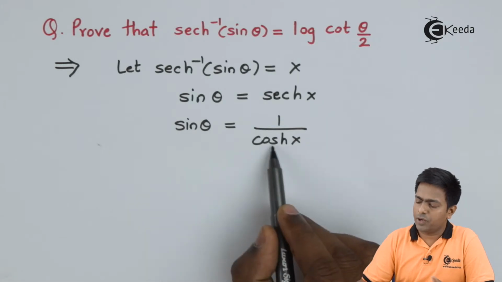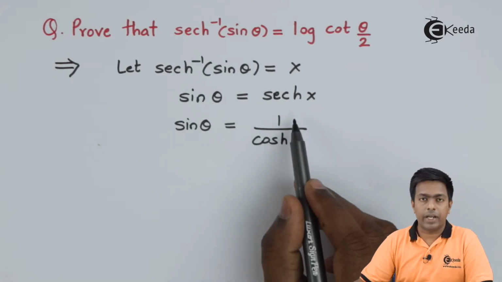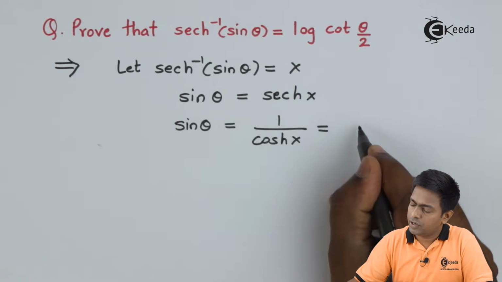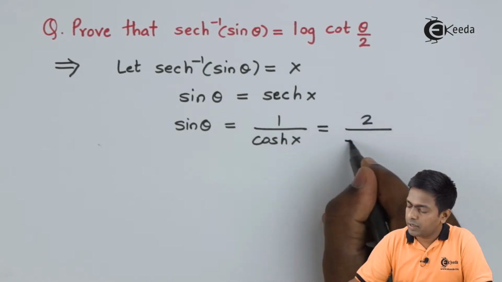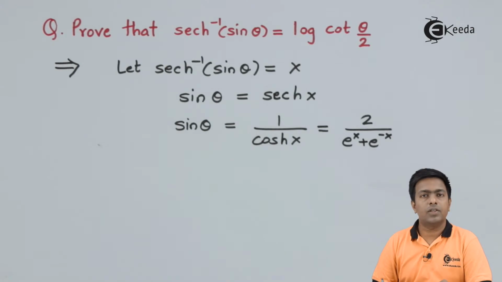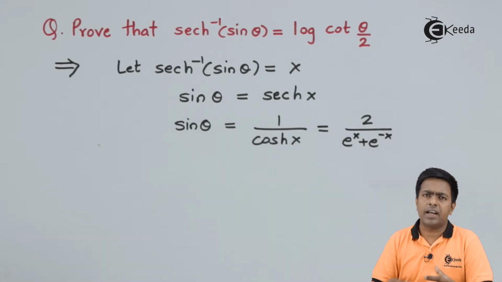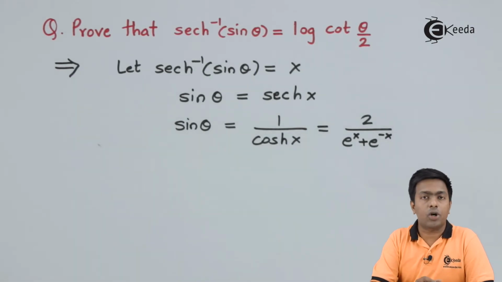Now we know that the value of hyperbolic cos x is e to the power x plus e to the power minus x upon 2. But since we have the inverse of that, here we'll get 2 upon e to the power x plus e to the power minus x. So guys, here we got the exponential term, and now by solving it we can bring the log term over here.